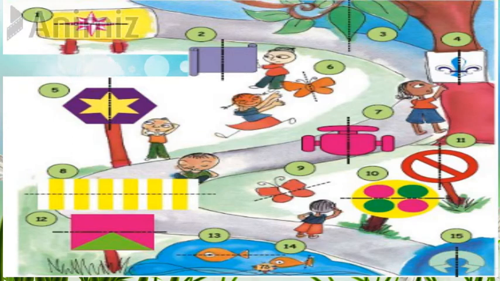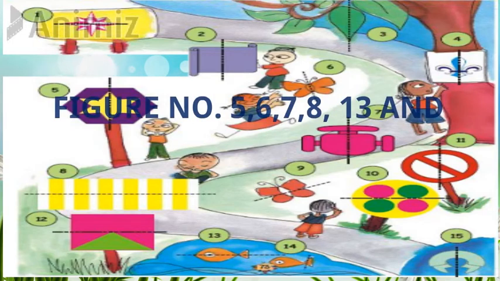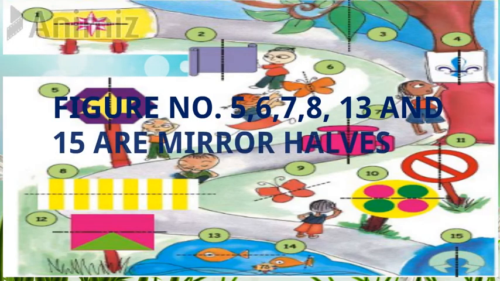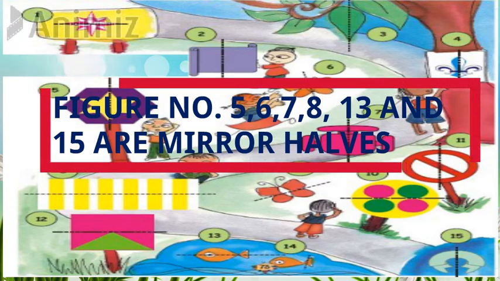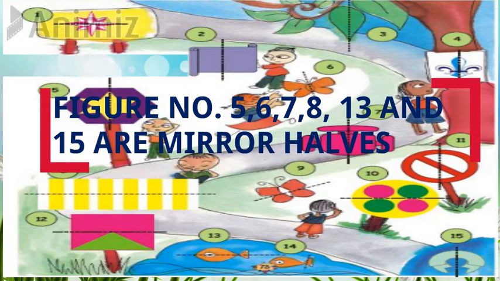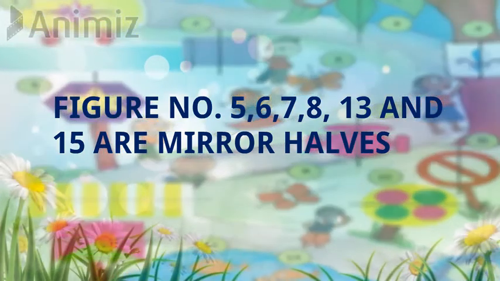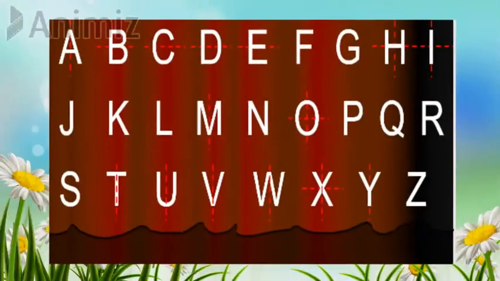Among these figures, only 6 figures are symmetrical. They are 5, 6, 7, 8, 13 and 15. Only these 6 figures are mirror halves. The rest of the figures are not mirror halves.